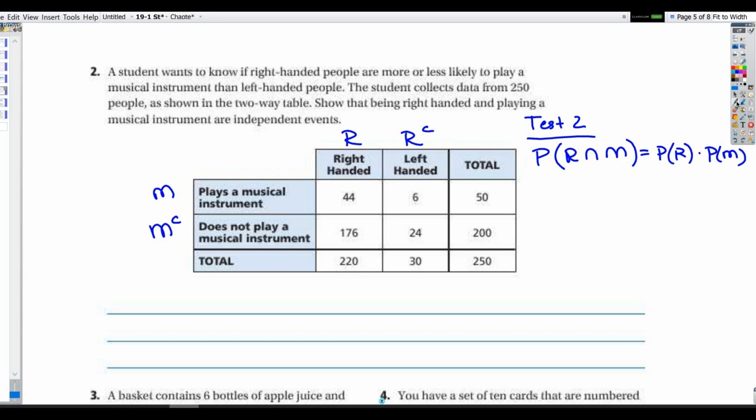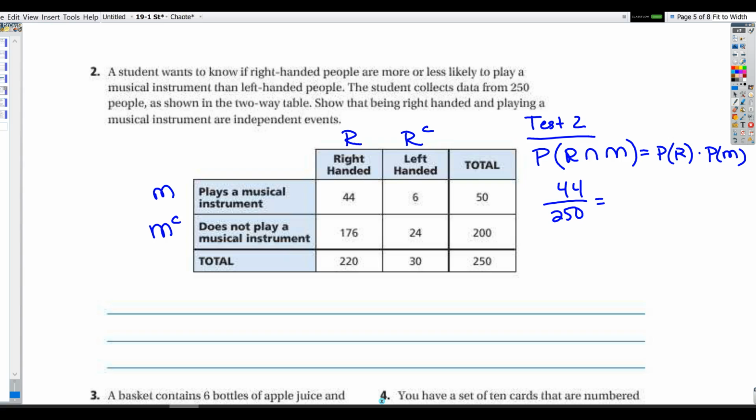What's the probability that a randomly selected person does both? 44 over 250. Yeah, it's one of the bigger things students get tripped up on. So it is not a given, it's an intersection. It's where the two events coincide. So make sure you understand that.